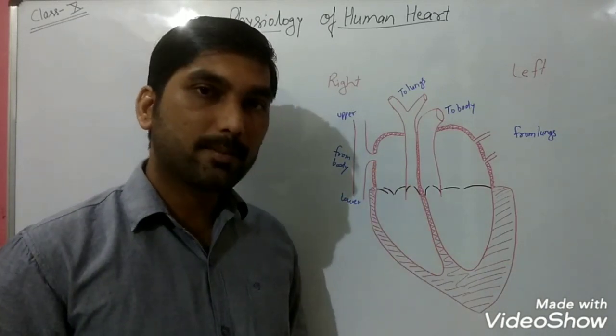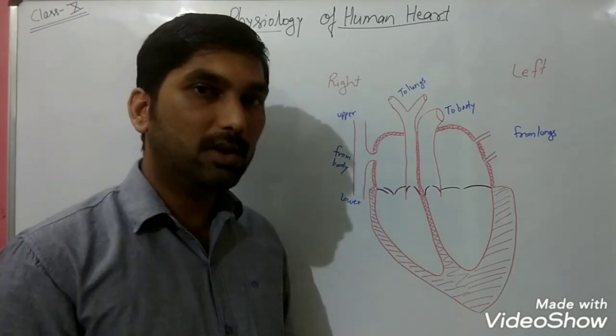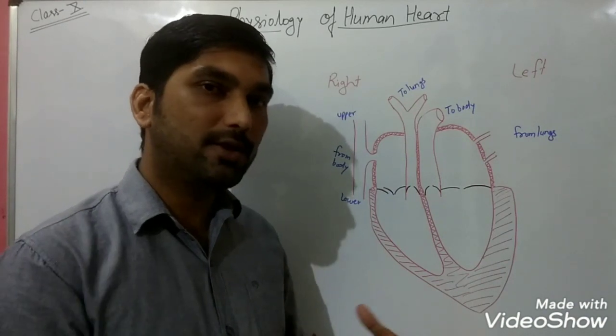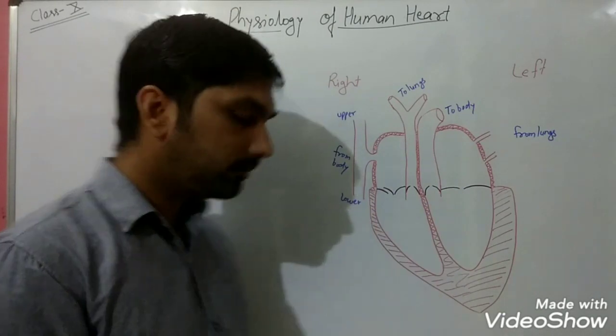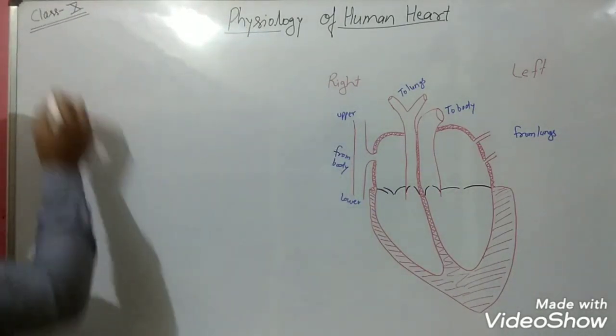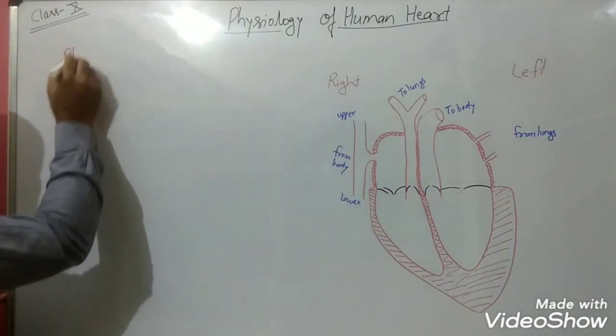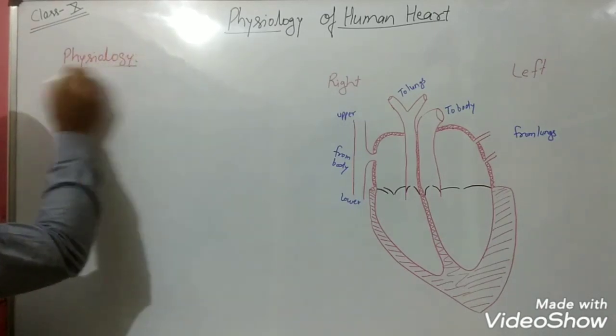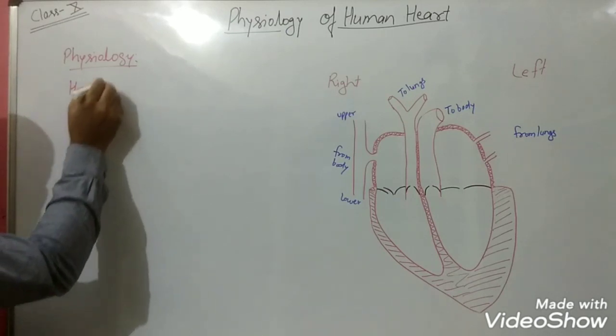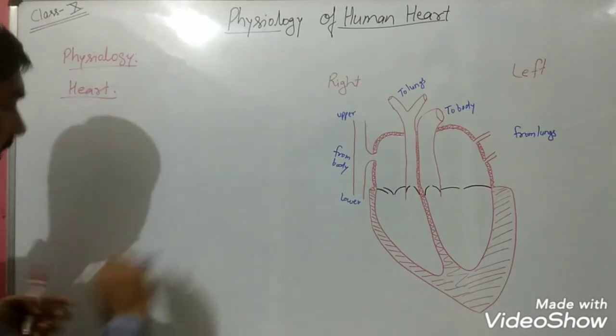Now we will discuss the physiology of human heart and how the blood is pumped through this muscular organ. So when we talk about the physiology, the heart is what?